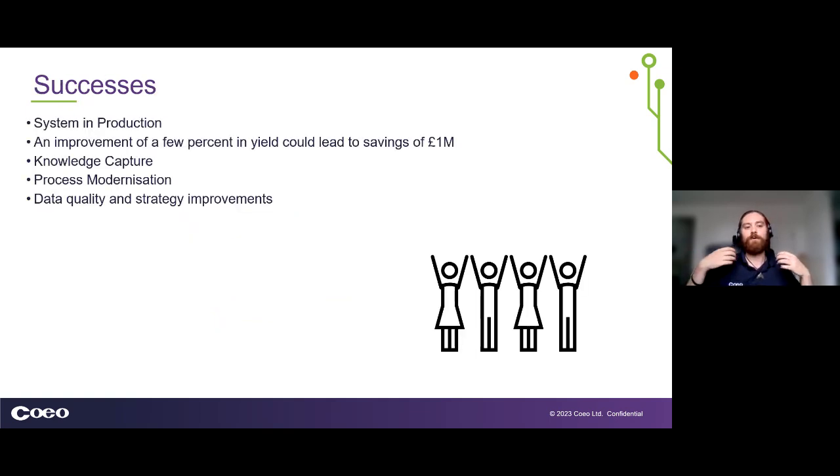So when we're talking about successes, the first one is that the system has been rolled out and started to be used in production, which is always a success, always a good thing, especially with machine learning and data science, because a lot of it can be experimental.